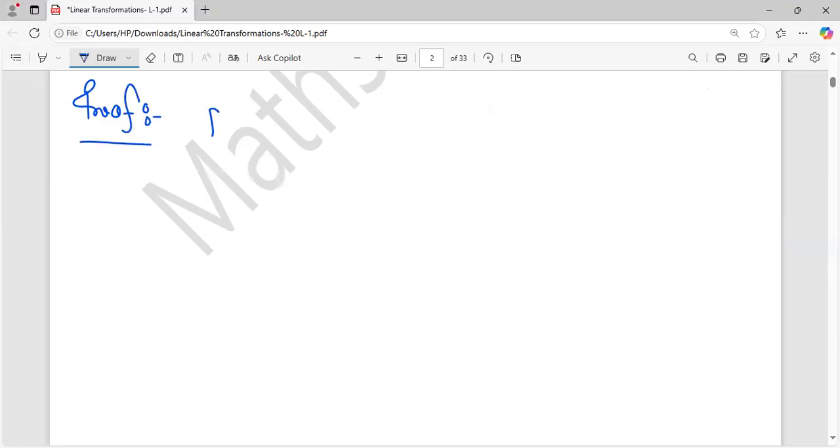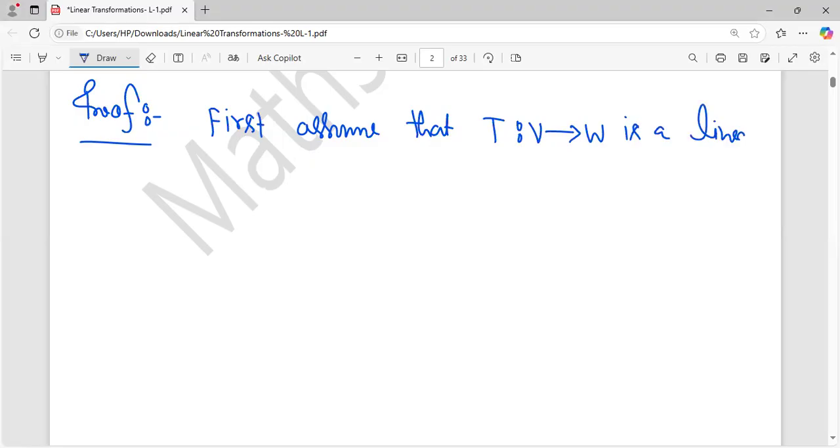First, assume that T from V to W is a linear transformation.